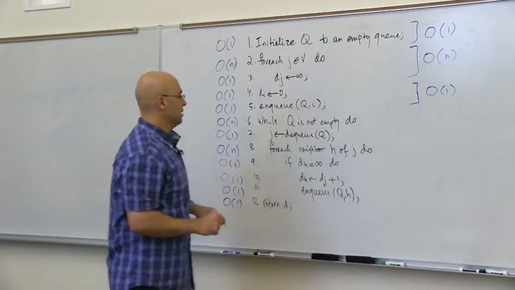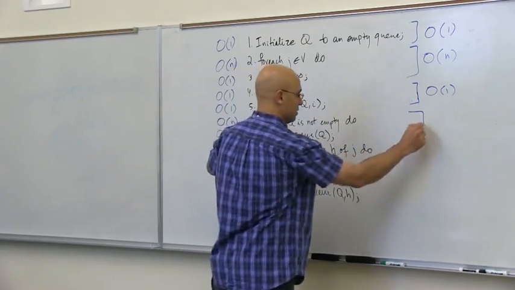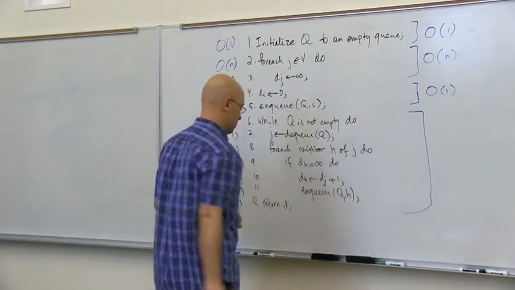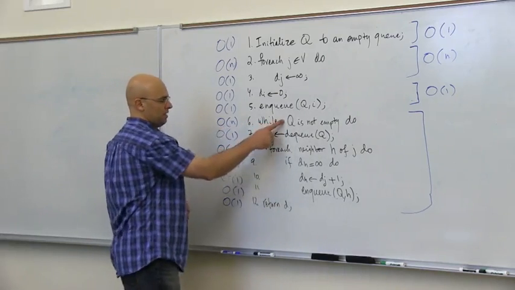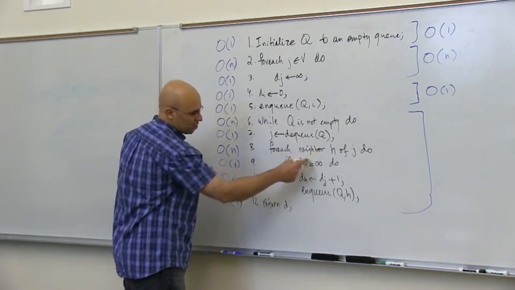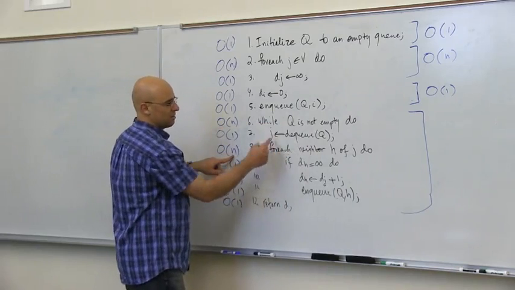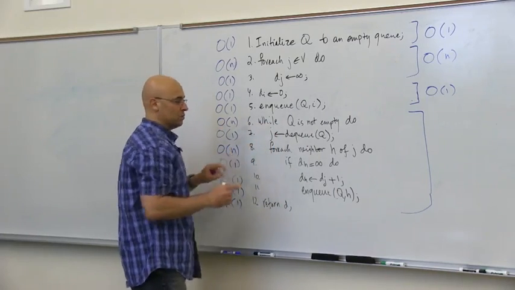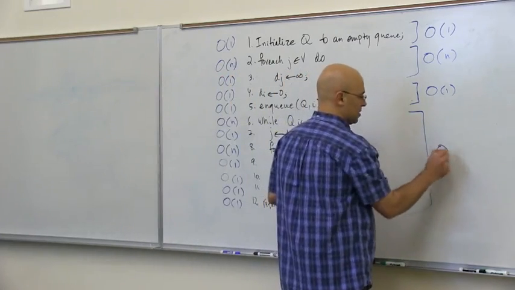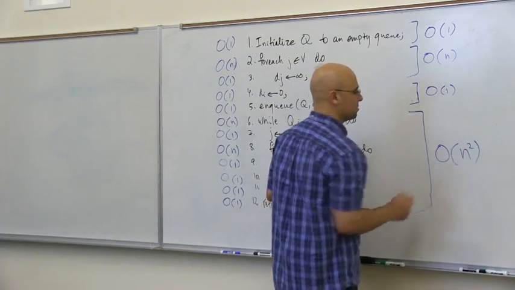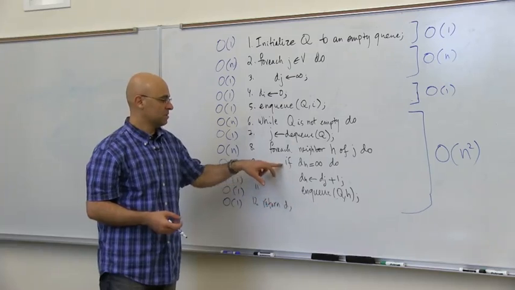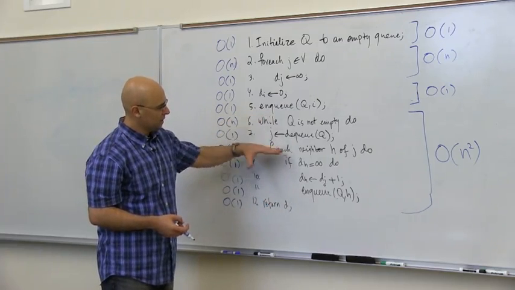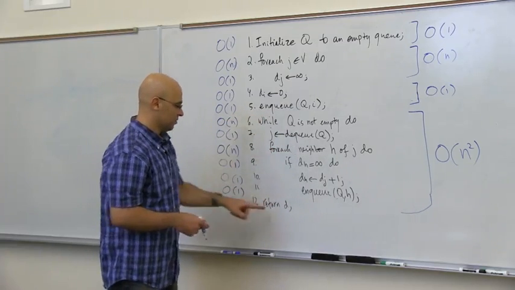Okay. Now we have this big one here. How long is it going to take? This is going to iterate n times, and in each iteration we are also going to be doing n times plus some constant. So we know now that this is going to be on the order of n squared. Okay. So these constants can go away. It's order of n times order of n, which is order of n squared.